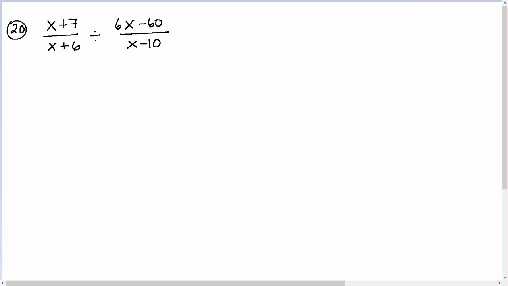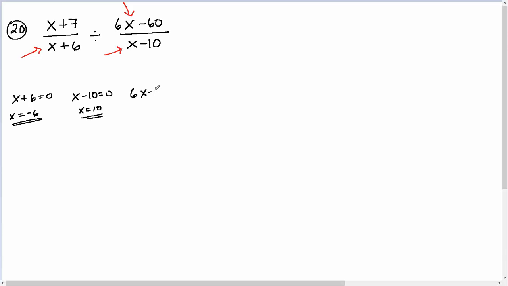All right, this is the next problem, and the excluded values are going to come from both denominators and this numerator. So when x plus 6 is set equal to 0, x equals negative 6. When x minus 10 is equal to 0, x equals positive 10.